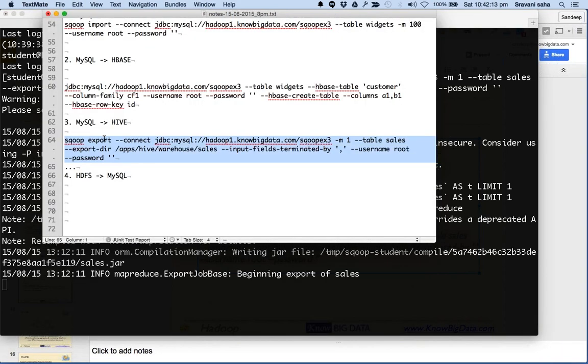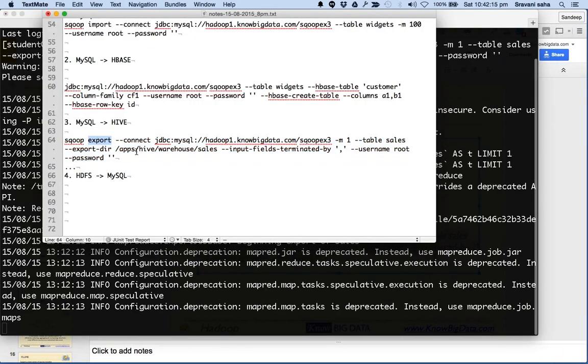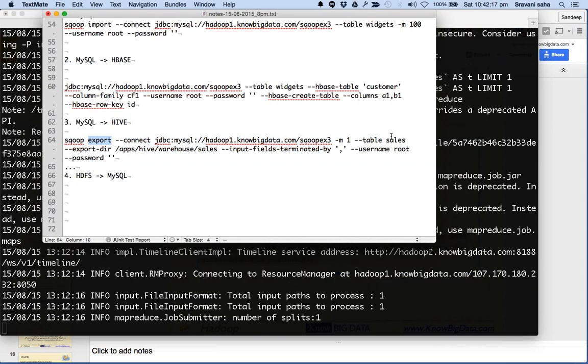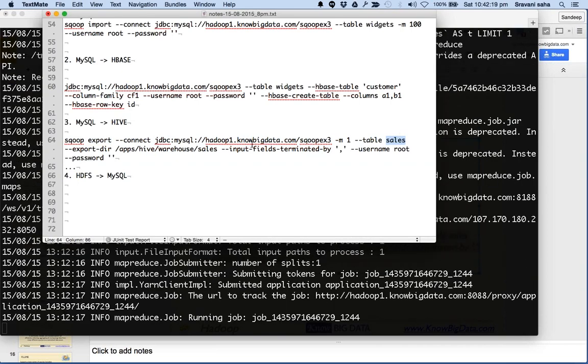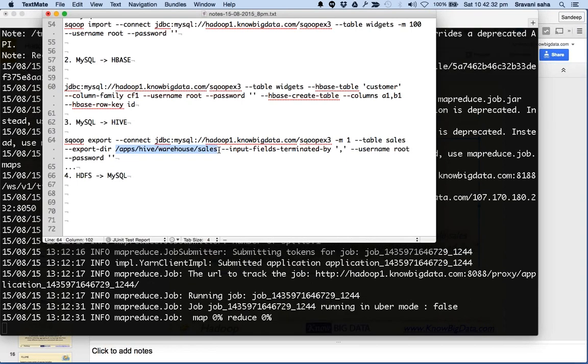So here what you can do is run this command. You can see what exactly I'm doing. I'm saying sqoop export my data from this particular directory, because if you remember, we discussed earlier that our tables in Hive are created in the warehouse, and we can copy the data from a directory into MySQL using sqoop.